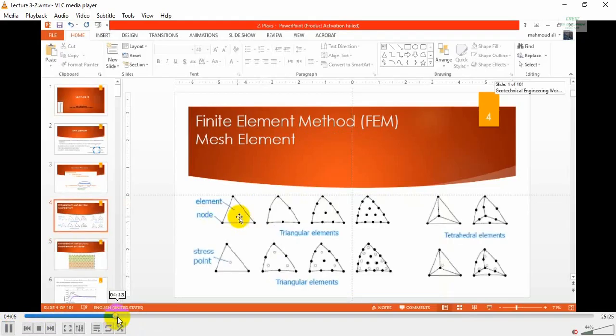There are a huge number of elements available to form your mesh. In Plaxis, we use either these triangular elements for the 2D models or the tetrahedral elements for the 3D models.